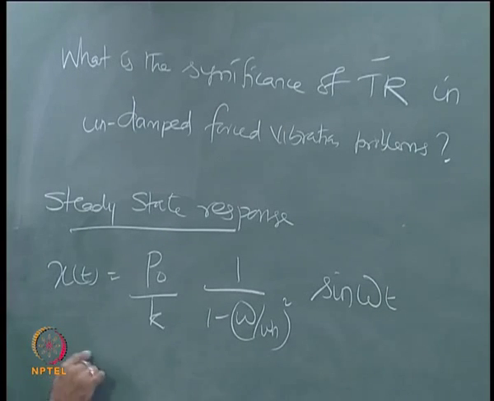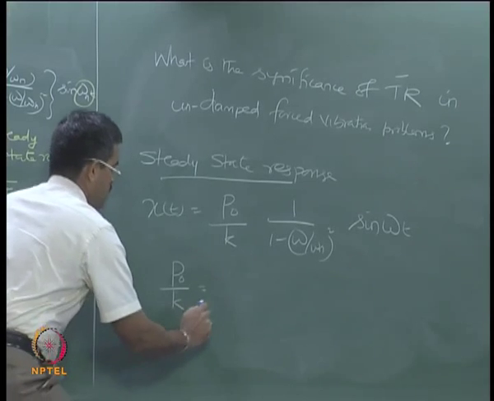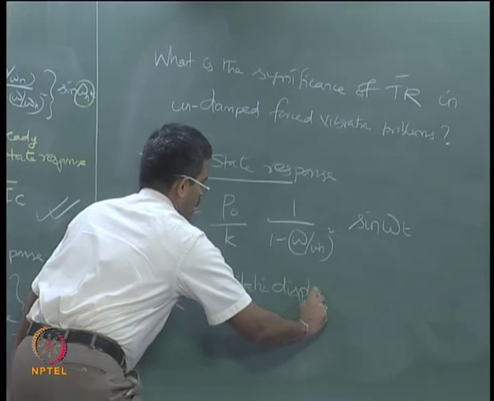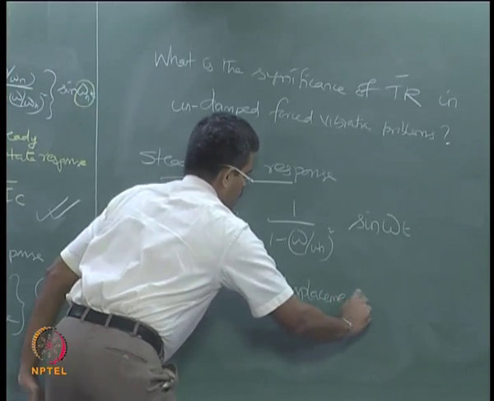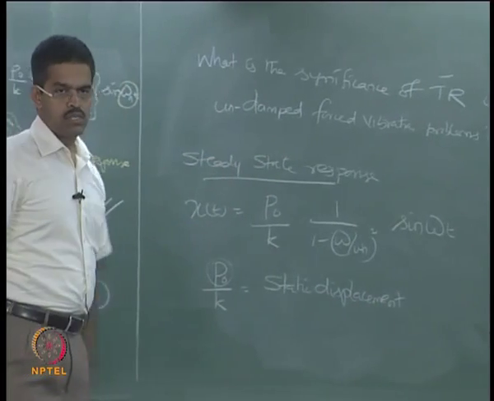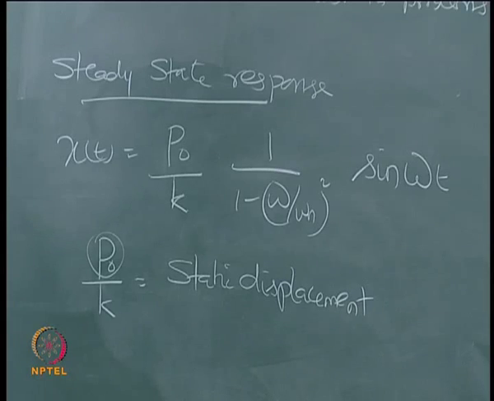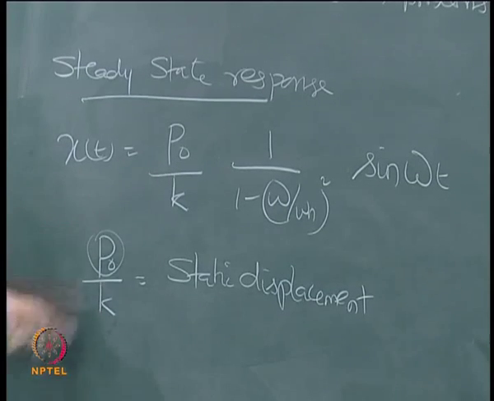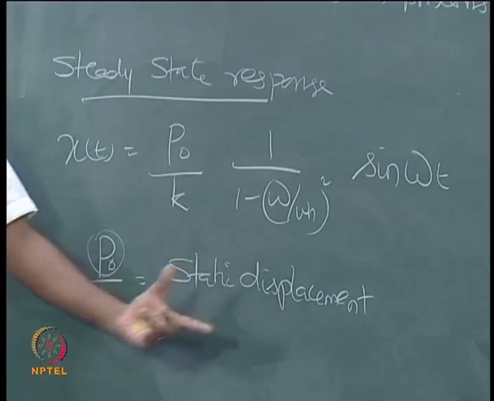Interestingly, p0 by k is what is called static displacement. Why? P0 is the amplitude or magnitude of the forcing function and k is the restoring coefficient or stiffness coefficient of the spring model given. Therefore, this can be simply called static displacement.